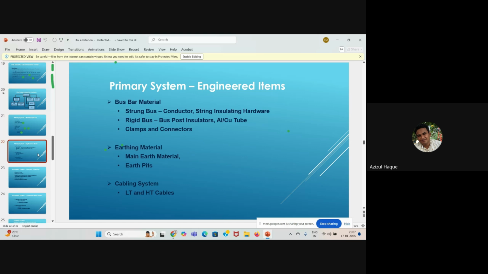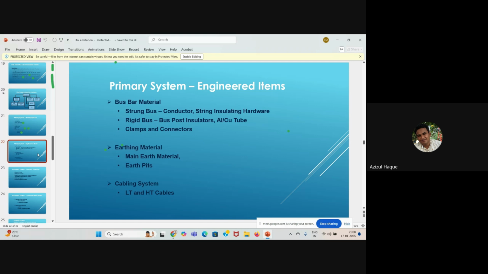But where there is a gap and two separate tubes, we have to connect them through a flexible connector so that the electrical path remains through, and at the same time the aluminum tube break is there. So we have to design a special connector there, that is the flexible connector. Like this, for every situation, every joint with different equipment, we have to design a different type of connector.